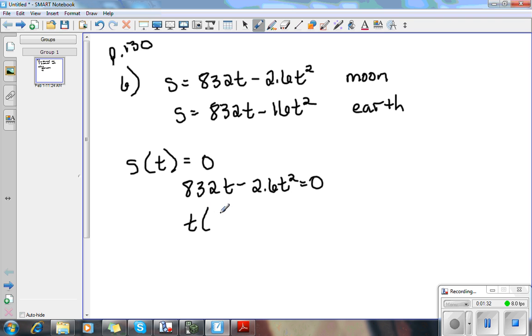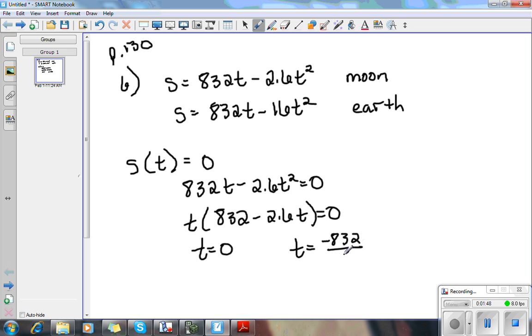I'm going to factor out a t. So we get t equals 0 and, setting the other factor equal to 0 and solving, t equals negative 832 over negative 2.6, which I did on my calculator over here.